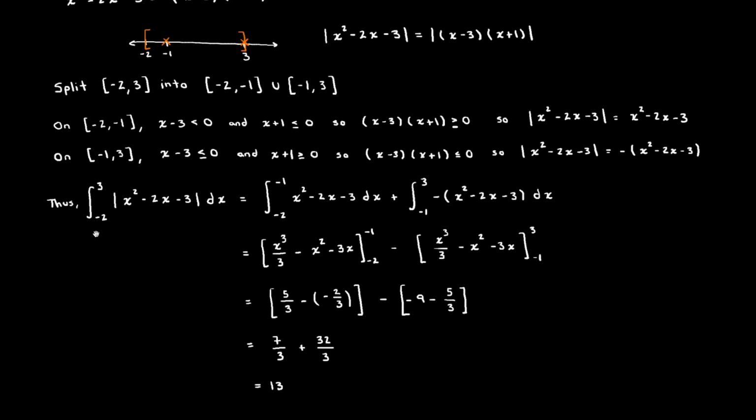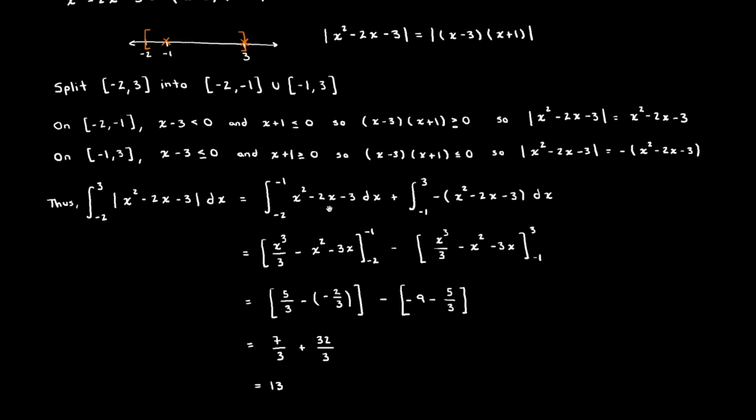So we are trying to evaluate the definite integral from -2 to 3 of the absolute value of x squared minus 2x minus 3. Well, based on our analysis above, we are going to split it into two integrals. We're going to go from -2 to -1 and then from -1 to 3. And based on our analysis above, we know on the first interval, the quadratic happens to be completely positive, right?